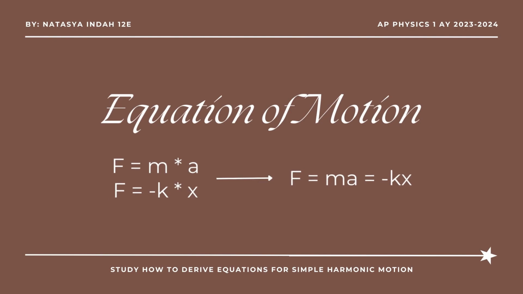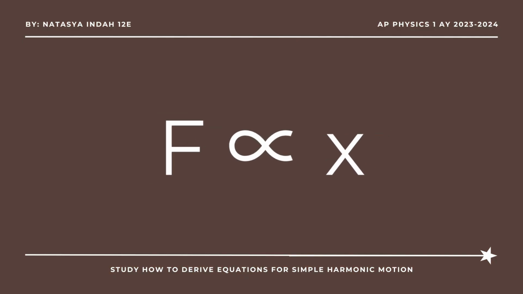From these two laws, we can see that both use the exerted or net force of an object, so we can combine them. F is equal to m times a, and F is also equal to negative k times x. In simple harmonic motion, we should also understand that F, the restoring force, is always proportional to x, the displacement from equilibrium.